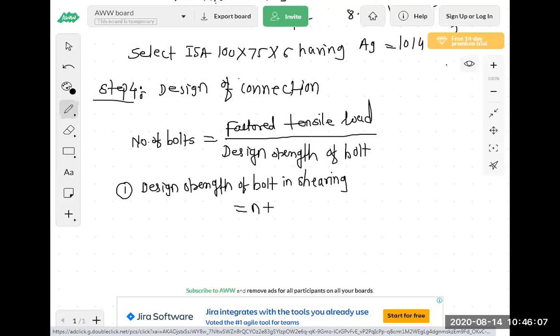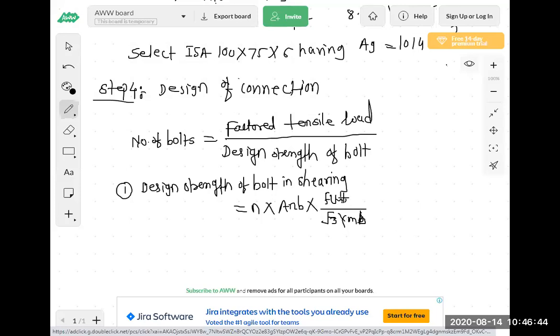What is the formula? n into nb into fub divided by root 3 gamma mb. Is this correct? Whatever formula I have written is correct. Gamma mb, correct.